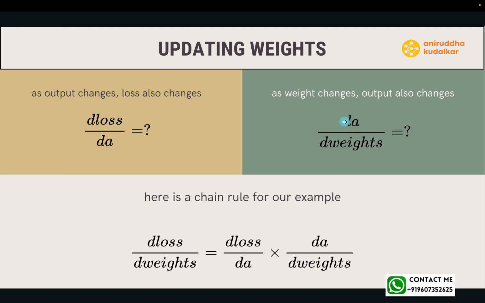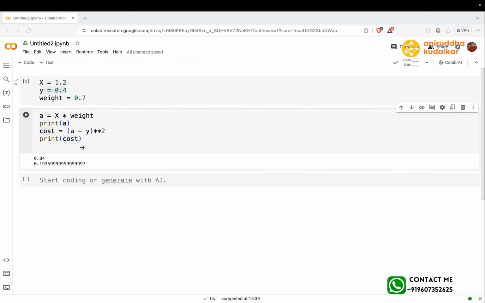When you see a symbol like this, you can say how much the output activation changes if I make a little change in the weight. Let's see. Yes, can you see this is the output activation A, and if you make a little change in the weight, of course this A is going to change. This means they are related, so we can take the derivative of this.